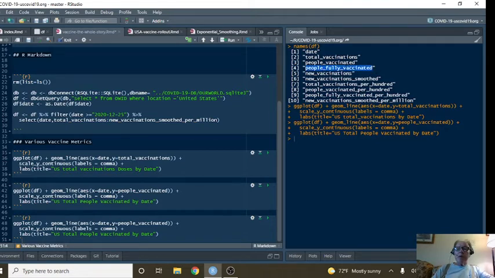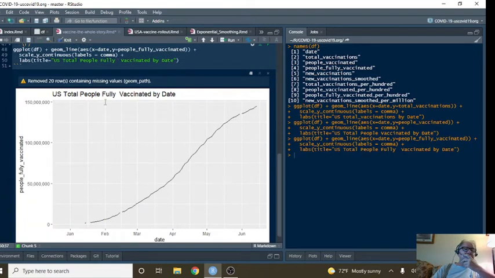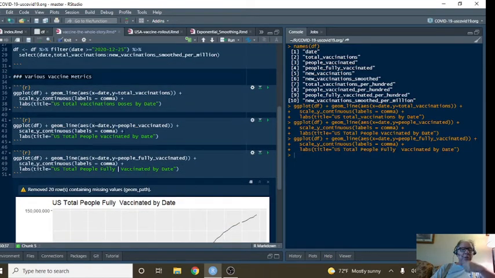People fully vaccinated. So these are cumulative totals again. Okay? So this is people vaccinated who received one shot.